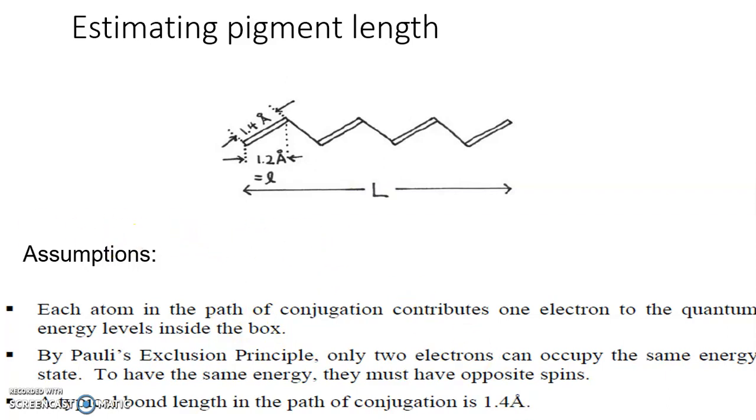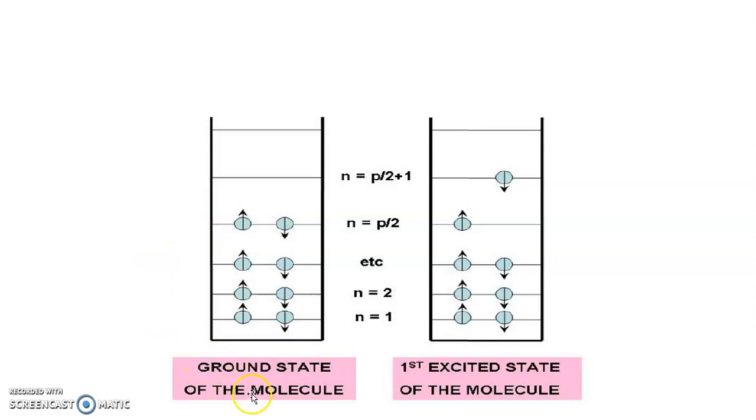So you can see the ground state of the molecule and the excited state of the molecule. n is equal to 1, n is equal to 2, n is equal to P by 2, n is equal to P by 2 plus 1. So here up and down, now here without orientations. So this is the first excited state of the molecule.